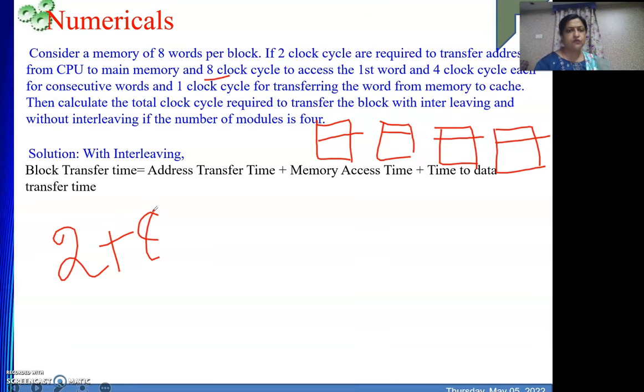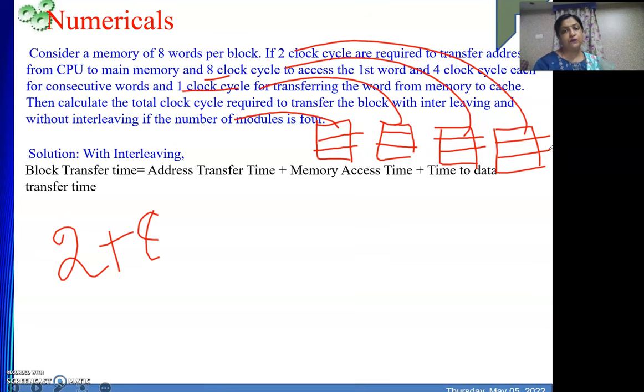Now from there, we need to transfer them to the cache memory, and to transfer to the cache we require 1 clock cycle each. So 1 clock cycle for this, another for this, another for this, and another for this. Total 4 clock cycles will be required. During those 4 clock cycles, the next word access has started, and the next word will come from each of the modules.